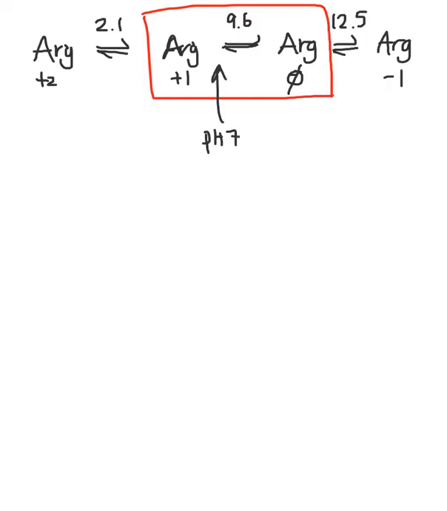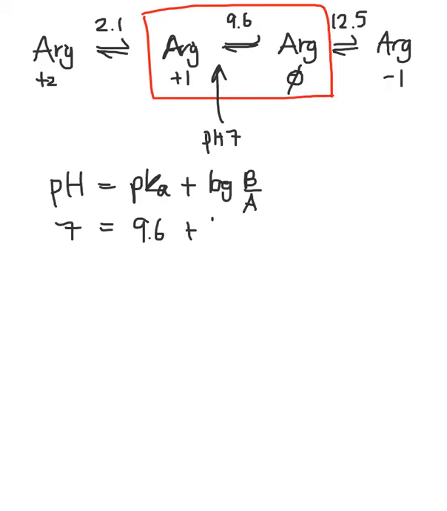Using the Henderson-Hasselbalch equation, pH is still 7, the pKa in this case is 9.6, and log B over A. If you got B and A right, B equals 0.01, same as lysine, because it's the same pKa here, while the acid ratio will be 0.99.